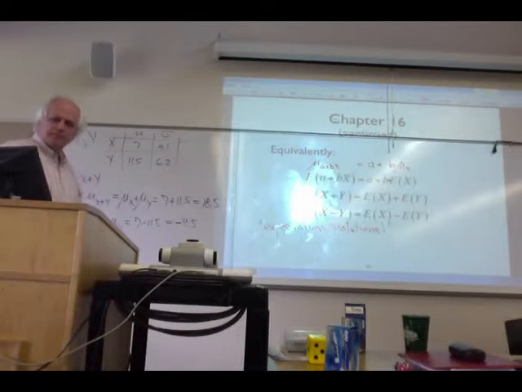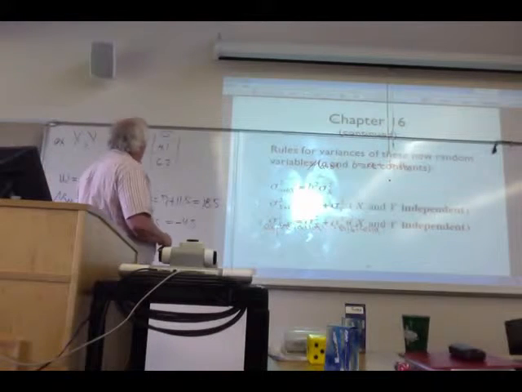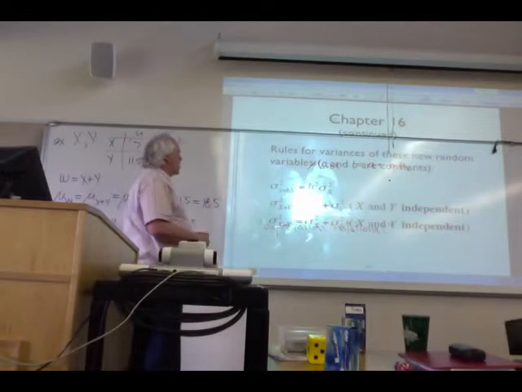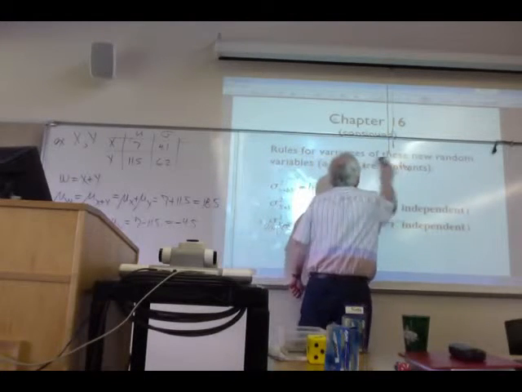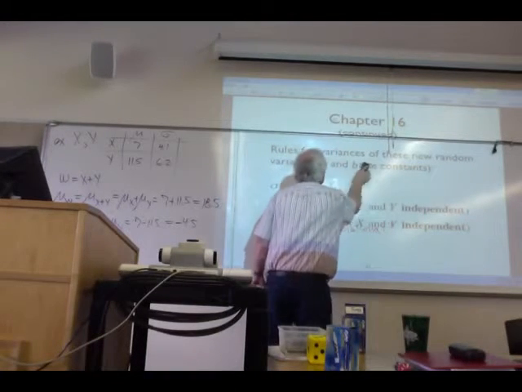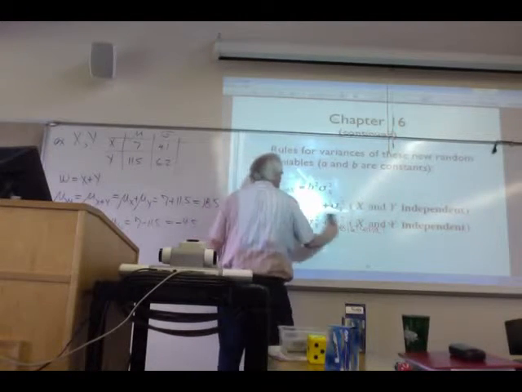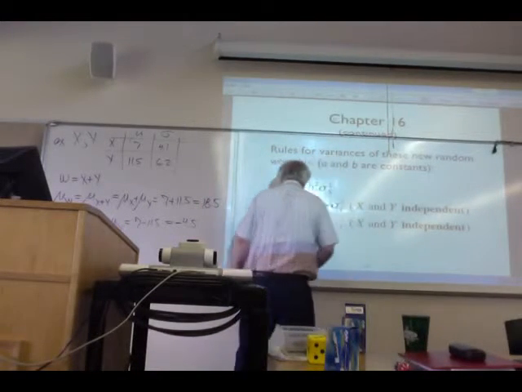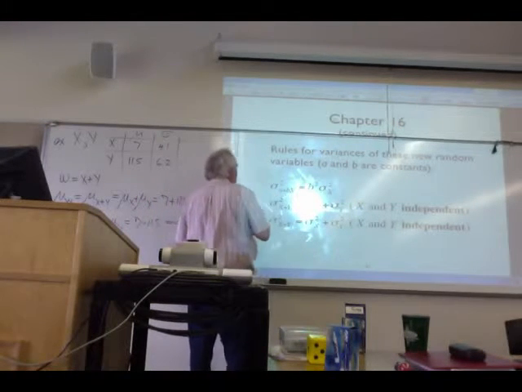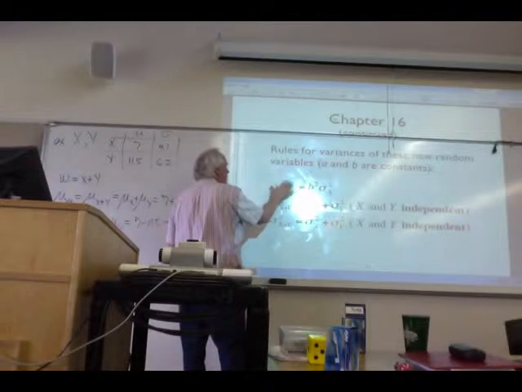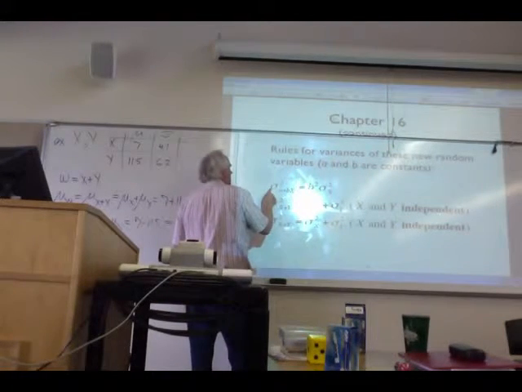Now, let's take a look at this notation here involving variances. On the left-hand side, first of all, we have three equations. Let's look at the first one. I have the Greek letter sigma.